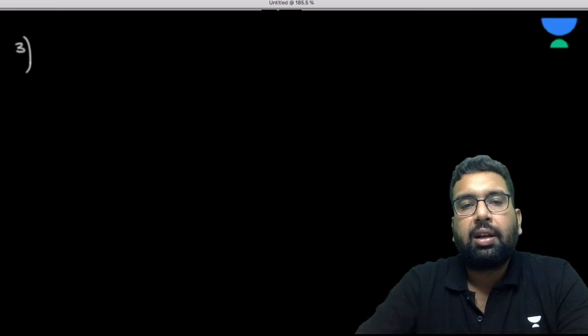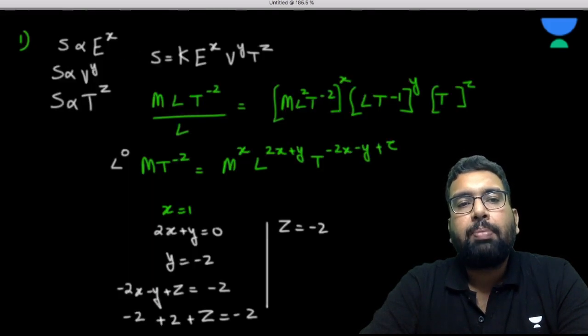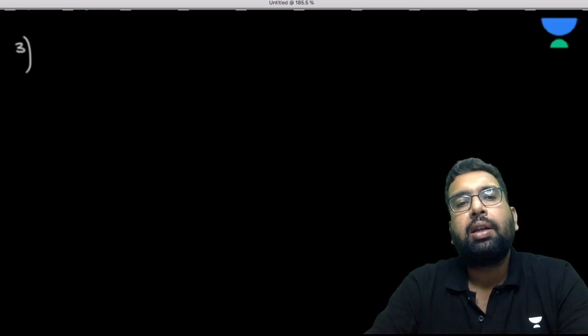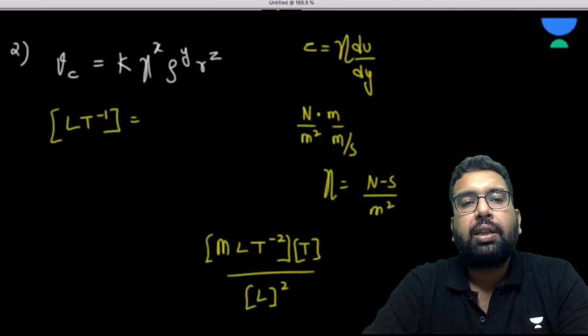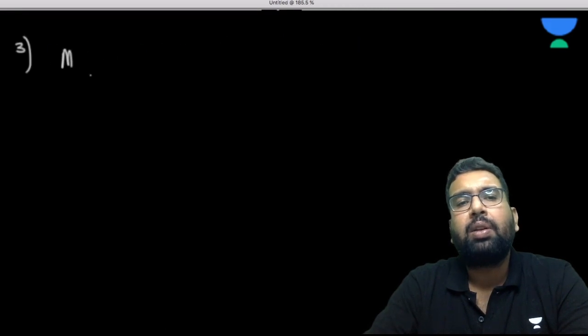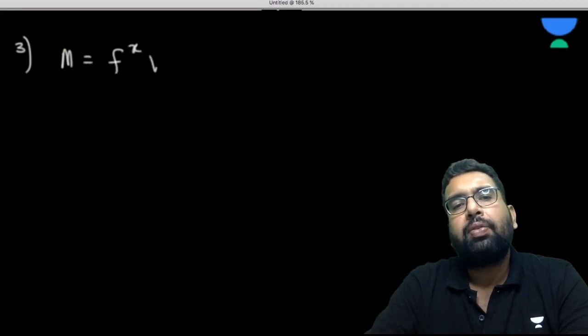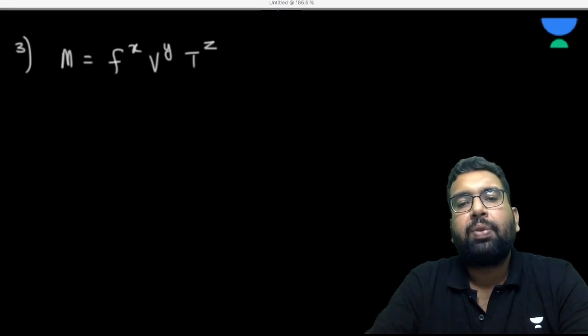In this third question, we have force, velocity, and time, and we need the dimension of mass. So mass is proportional to F, V, and T, or we can write equal to, it doesn't matter: F to the power x, V to the power y, T to the power z.